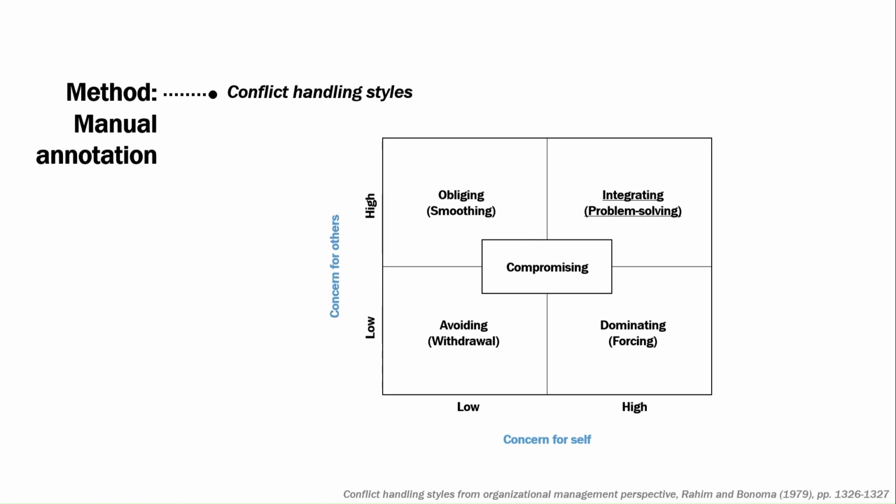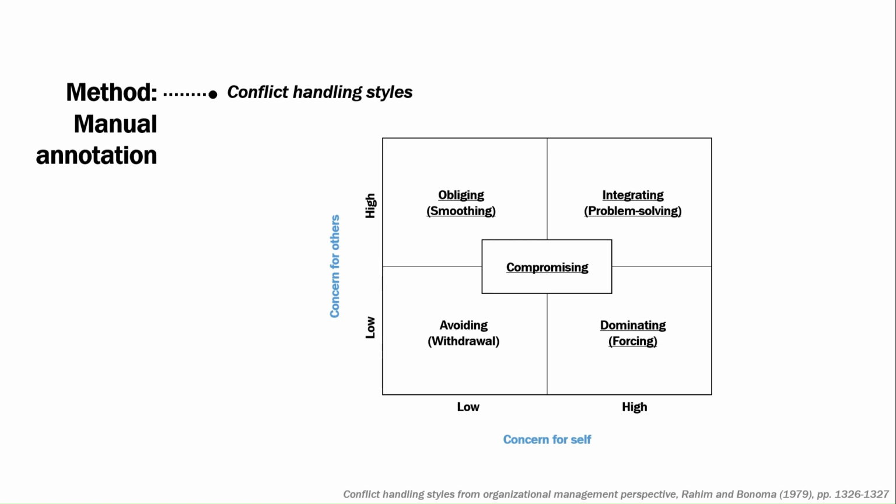Integrating style shows high concern for self and for others, leading to deriving a creative solution. Obliging style, with low concern for self and high concern for others, accepts a solution suggested by others. Dominating style is the opposite, where concern for self is high but concern for others is low, leading to behaviors that are pushing for one's own ideas rather than listening.